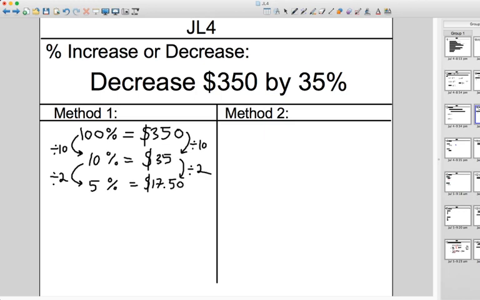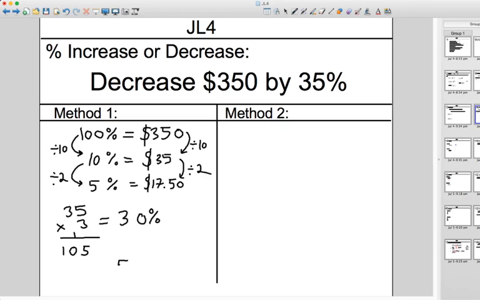So if I want 35%, I'm going to be adding 3 lots of $35 and $17.50 on. So 35 times 3 will give me 30%. 3 5s are 15, carry a 1. 3 3s are 9, plus 1, 10.